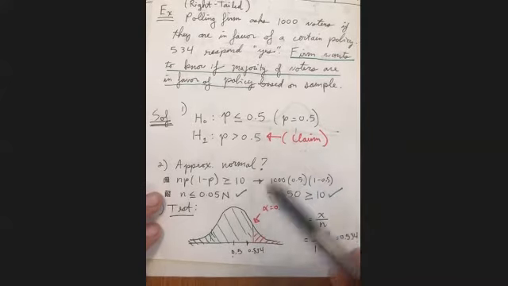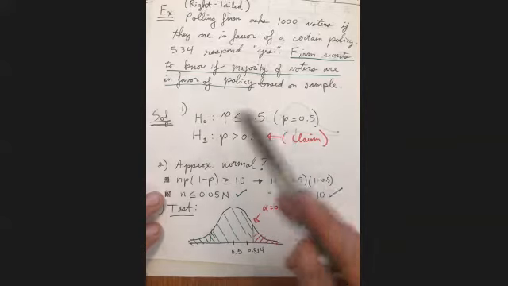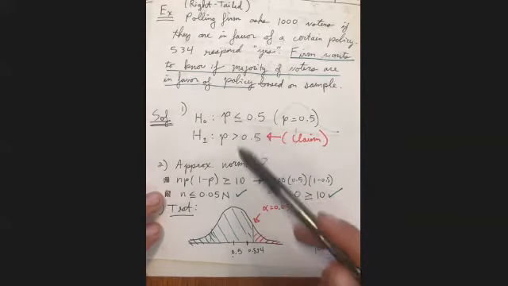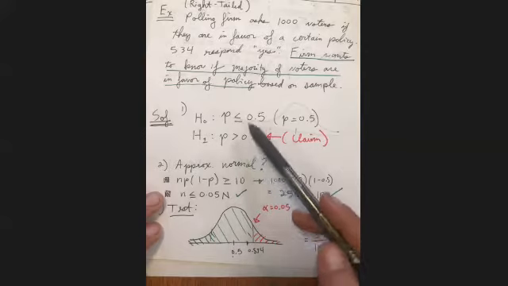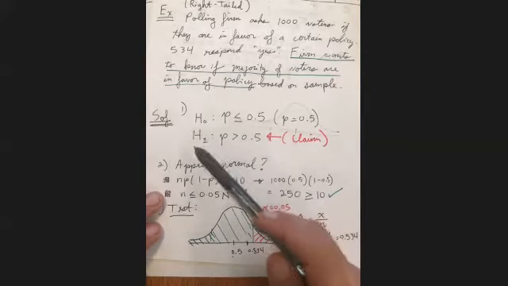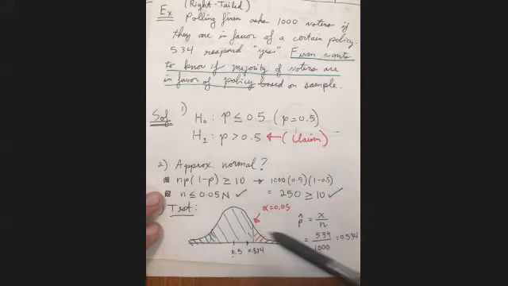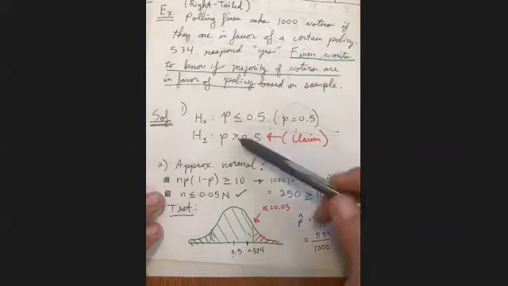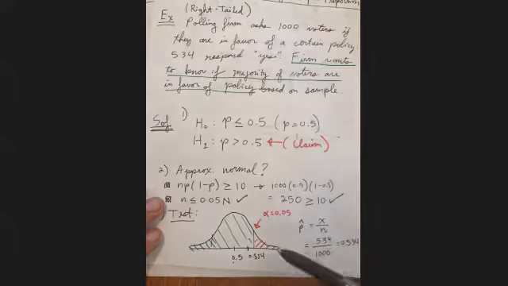By the way, I didn't really make this clear, but the red area and green area idea is coming from these greater than or equal to's and these strictly greater than. Because the alternative hypothesis is strictly greater than, the only rejection area that we have is on the right. It's pointing to the right and it's only on one side. This is why we call this a right-tailed test.